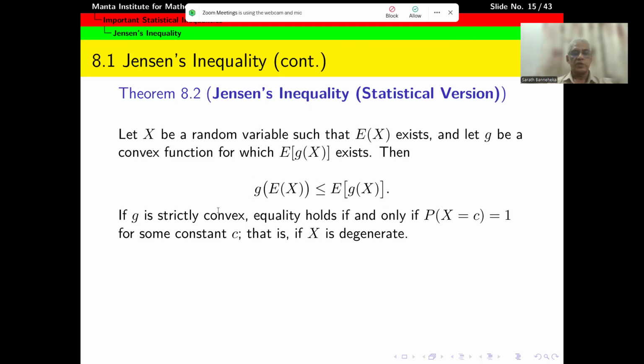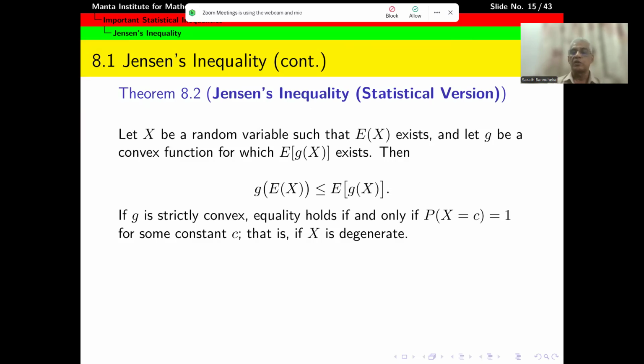So if G is strictly convex, equality holds if and only if x is a constant. So this equality will happen only if x is a constant. In that case, actually, x is not a random variable. Probability x equal to c is equal to 1.